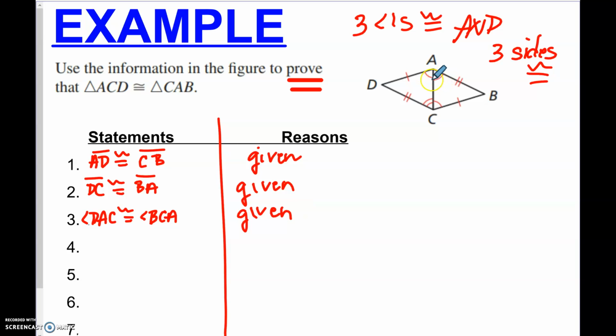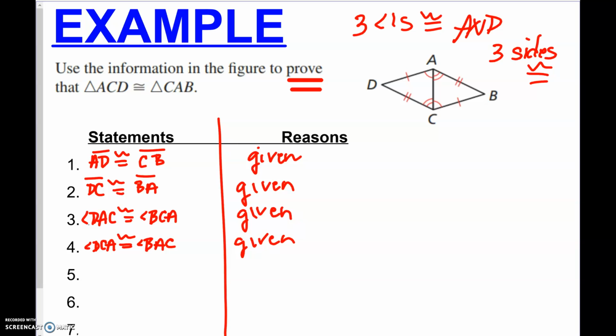Now I also have a double one over here. So angle DCA is congruent to BAC. And again, that is given information. Now you could have put all of that in step 1, and then this proof would seemingly have fewer steps, so it doesn't matter which way you do that.